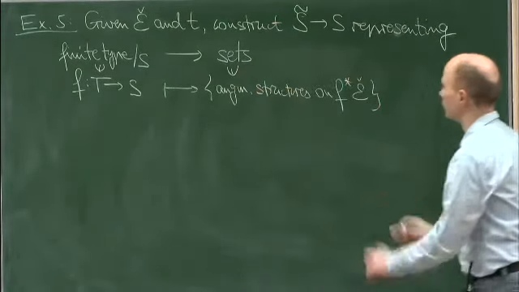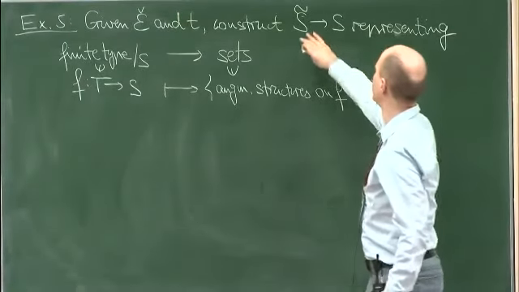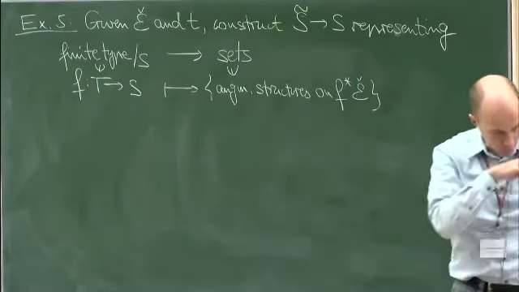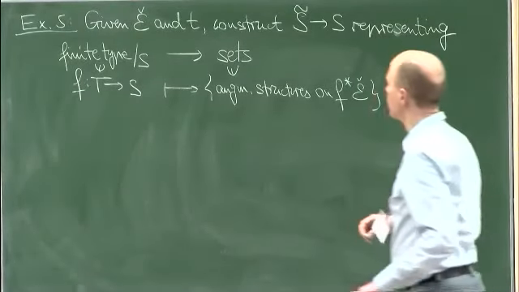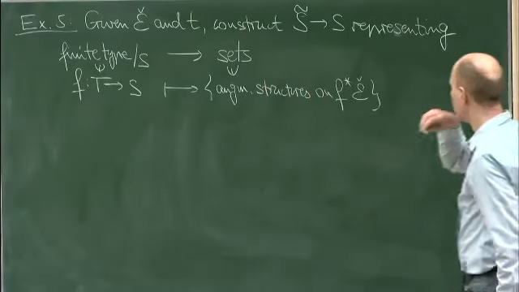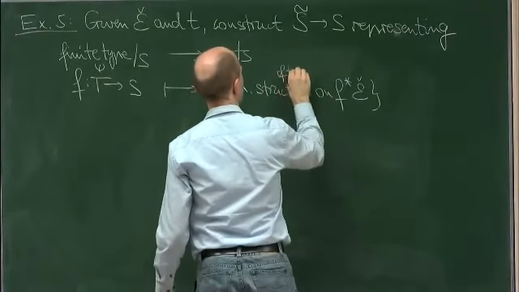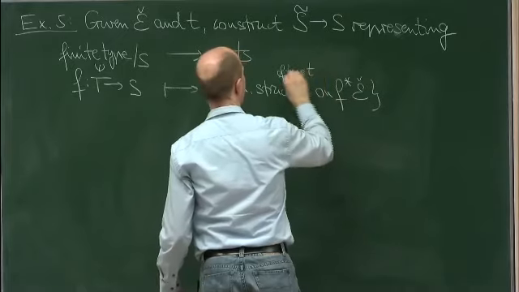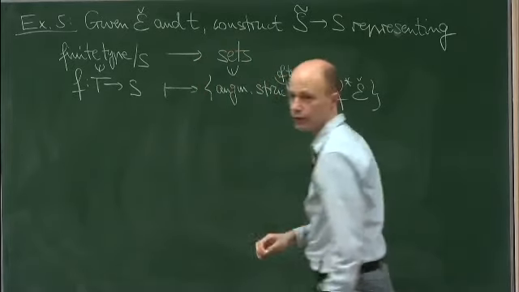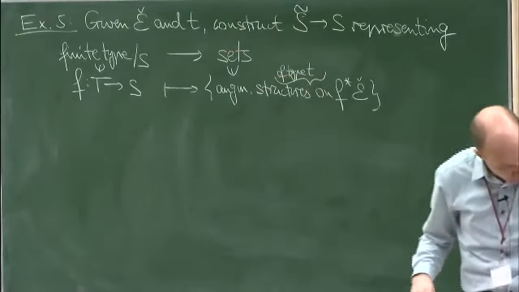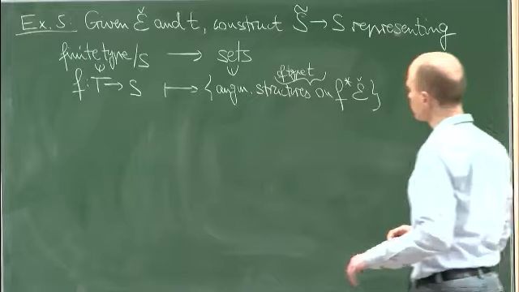You can put them into a scheme which might not be flat over S, which represents that. Do you mean augmented structures of type T? Yes, thank you. Otherwise it will not be finite type. It will just be a disjoint sum of infinitely many.